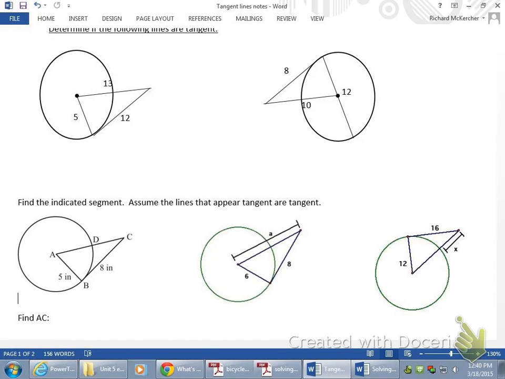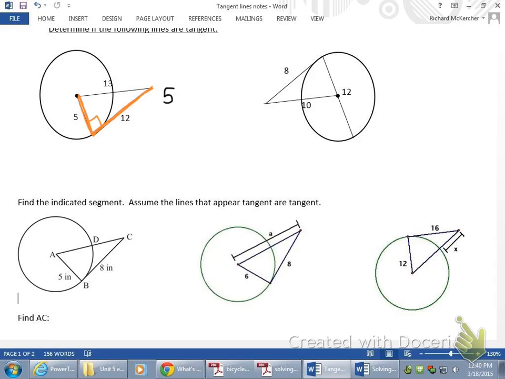All right, I know these circles don't look like circles. They're a little bit out of scale. My drawing got a little stretched. I'm sorry about that. Anyways, let's check this out. I'm asking if these lines are tangent. So what I'm asking is, is this line right here tangent? This one is the one that appears to be tangent. So the tangent line has to be perpendicular to the radius.